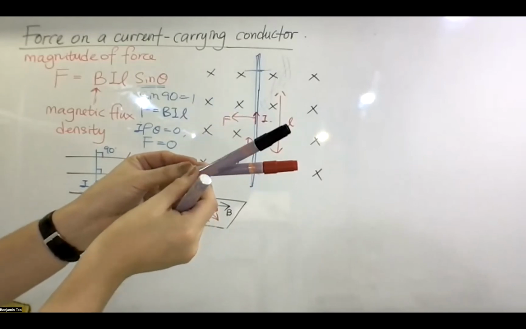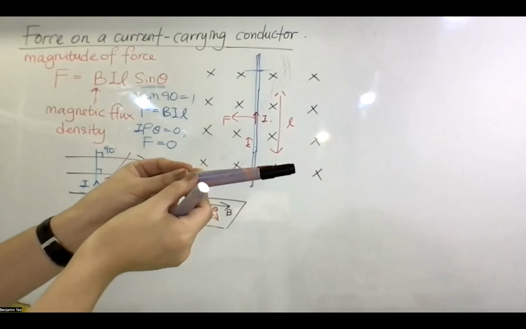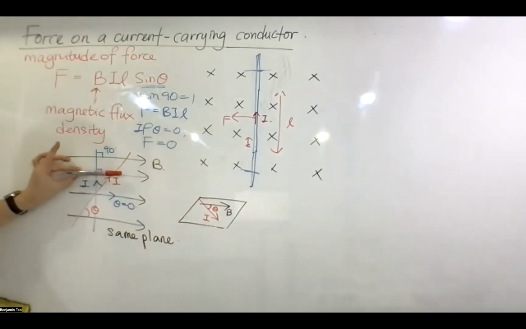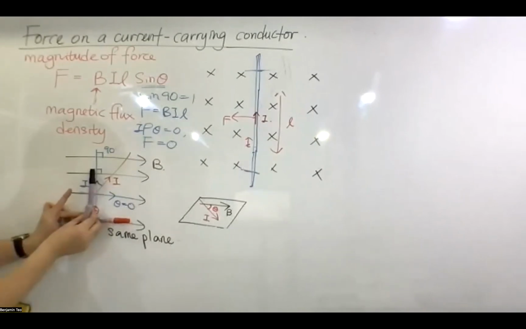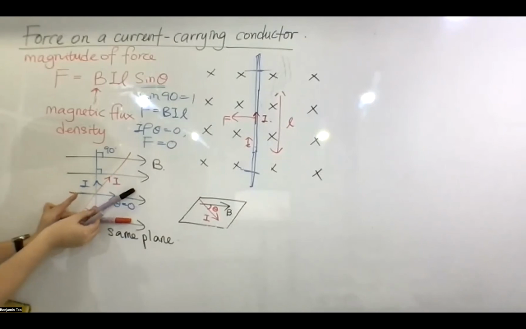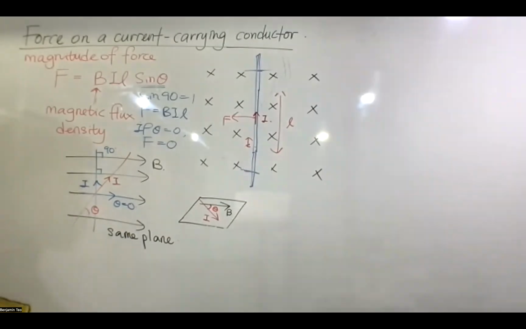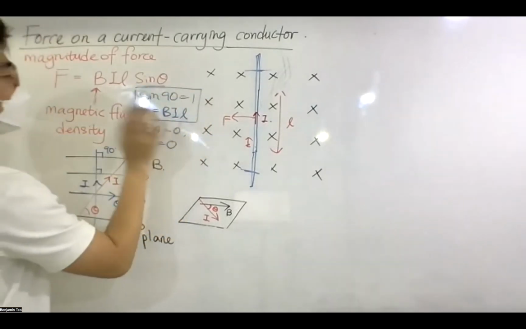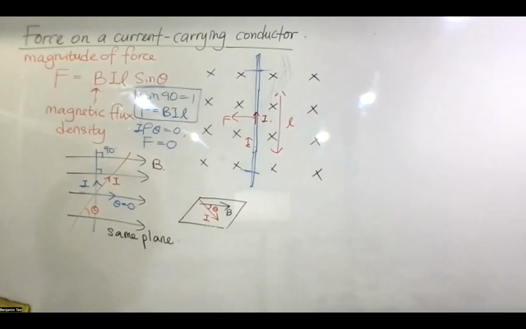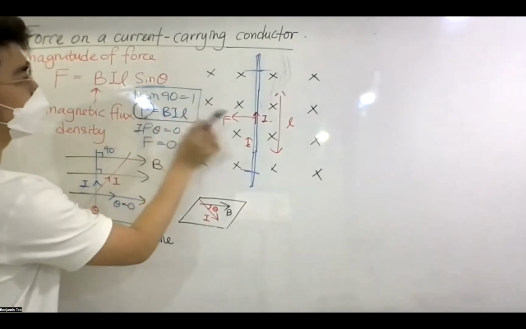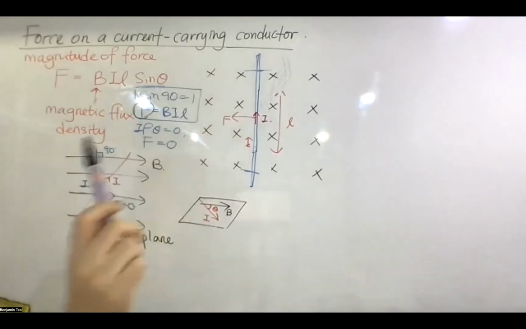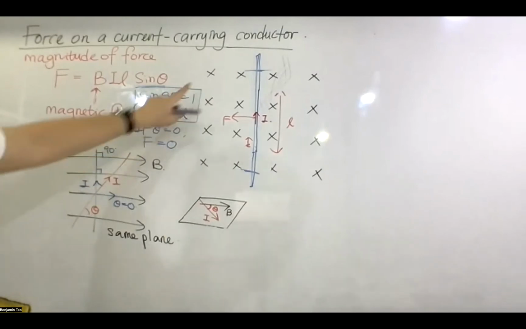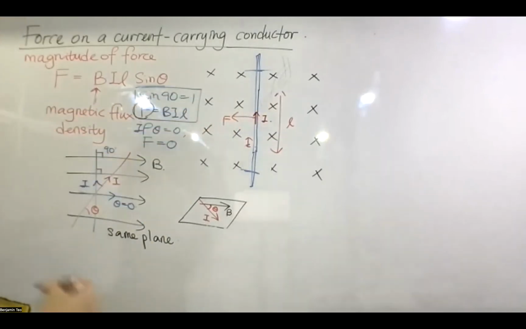Decrease, decrease, decrease until 0. That's the wire. Maximum force experienced, the force decreases, and then becomes 0. So when is the maximum? This is the maximum force applied. This is the force applied on where? On the wire, okay? Not on the electron, it's on the wire. F is the total force on the wire.